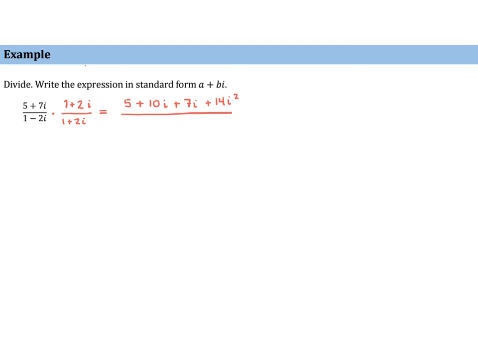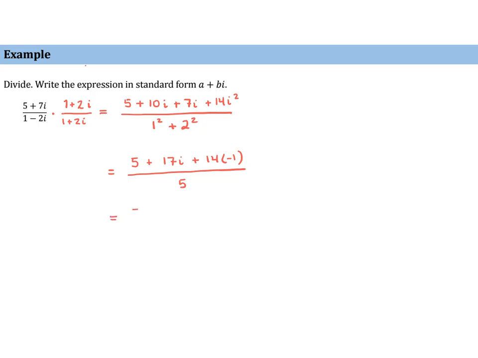The denominator, we can FOIL that, or we can remember that it will be the real part squared plus the imaginary part squared. So we have 5 plus 17i plus 14i squared, which will be 14 times -1, all over 5.